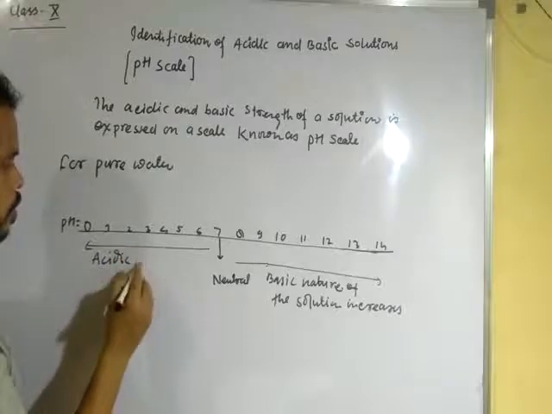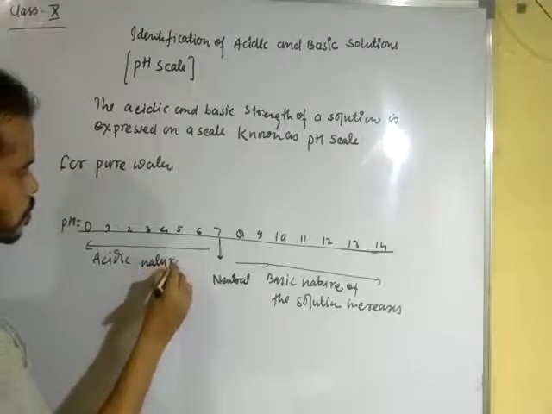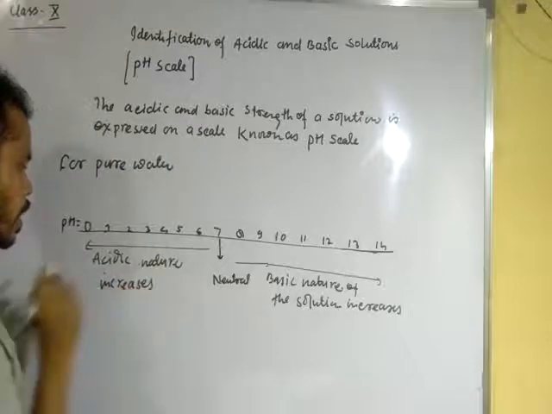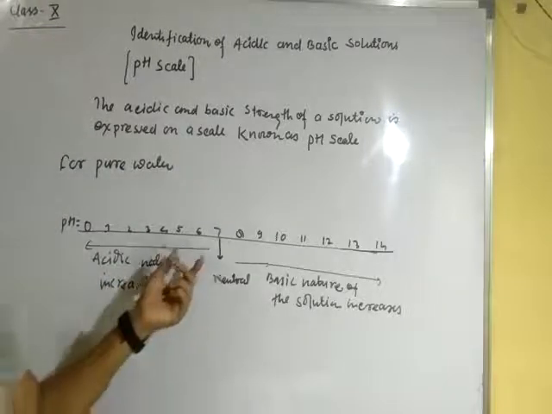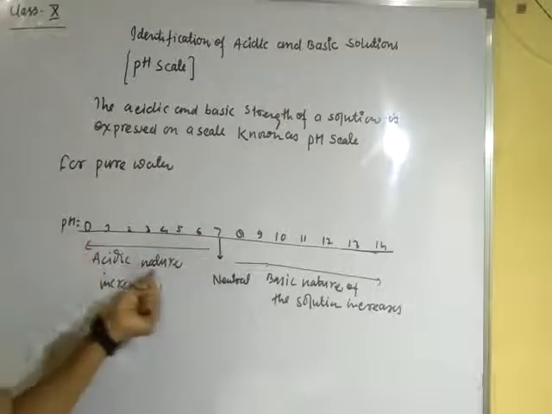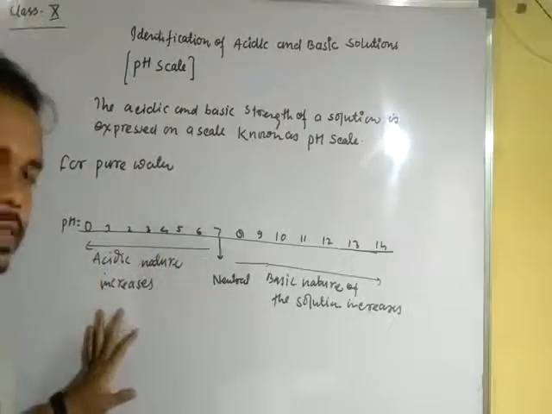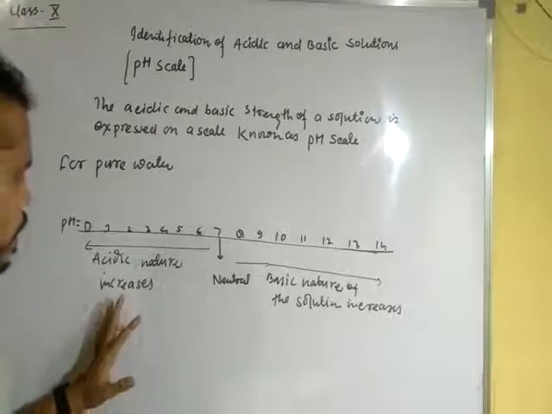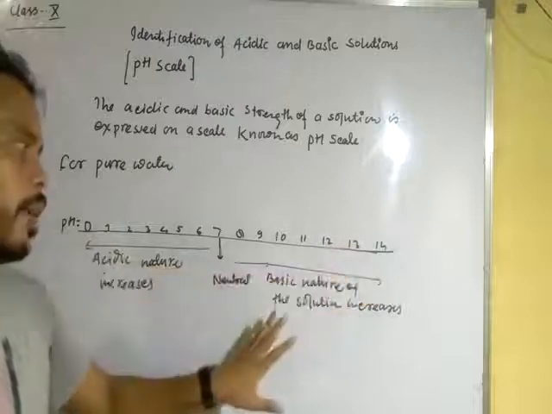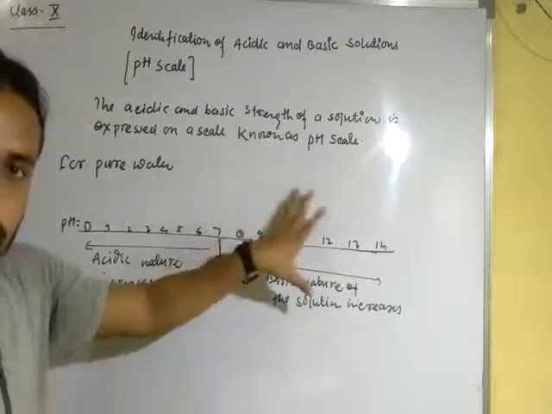Acidic nature increases. That means when pH value decreases, acidic nature will increase. When pH value increases, the basic nature will increase.